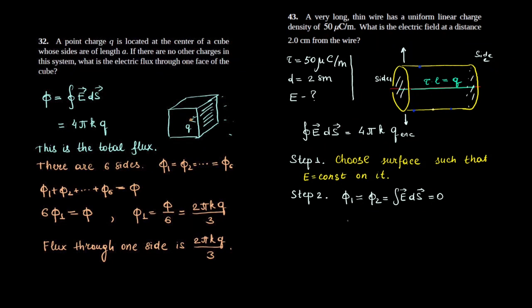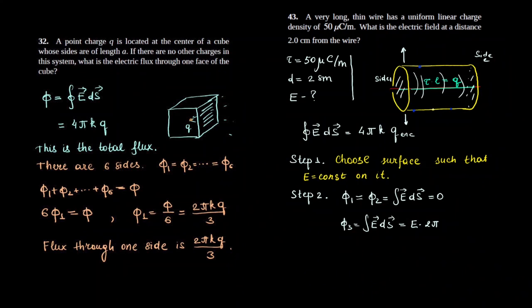So the phi 3, which is the flux through the cylindrical side, in this case is equal to the integral of E ds. In this case, E and ds are parallel, and on the surface E is constant, so it is E multiplied by S. S is the cylindrical side, so it's equal to 2 pi r, radius of the cylinder.